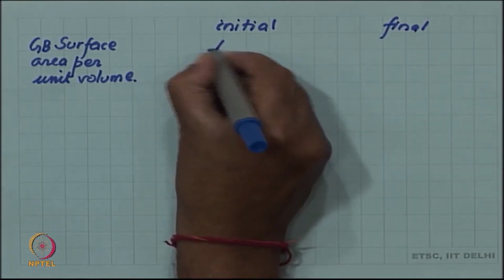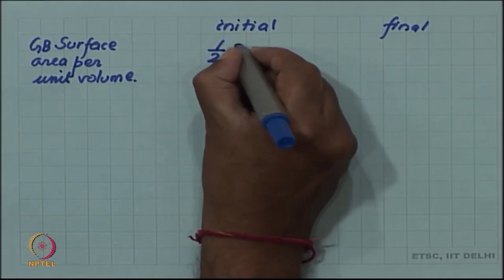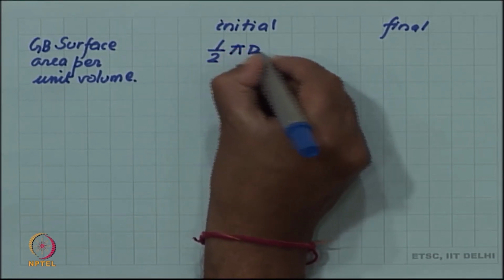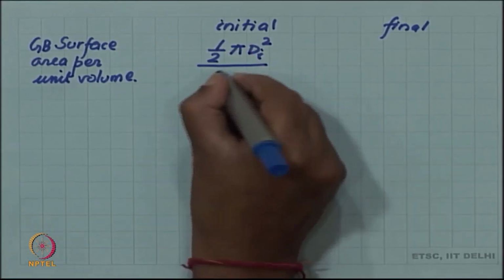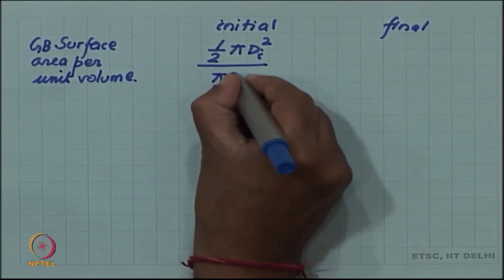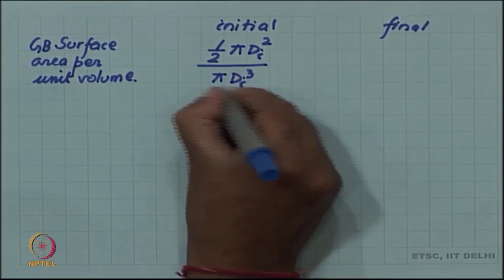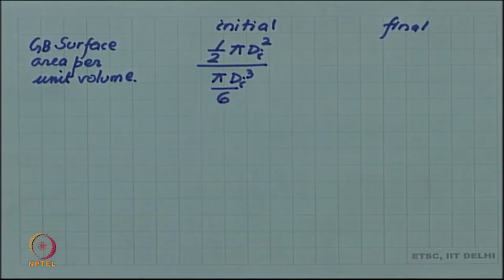So, we have the grain boundary area is half pi di square and the volume is pi di cube by 6.